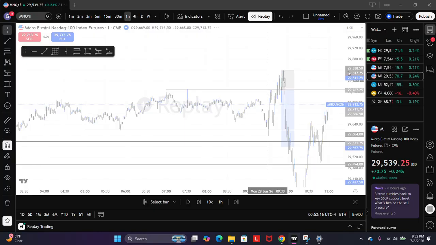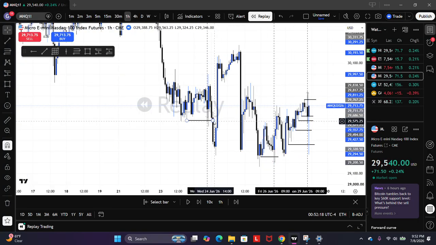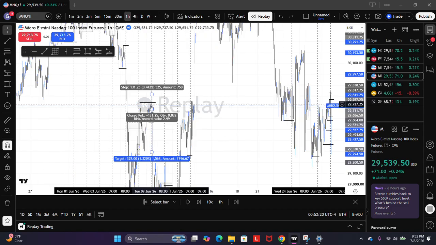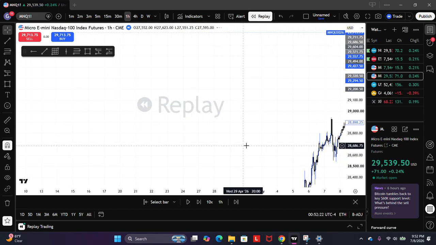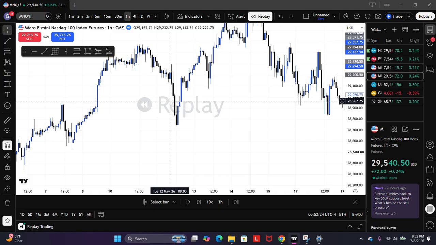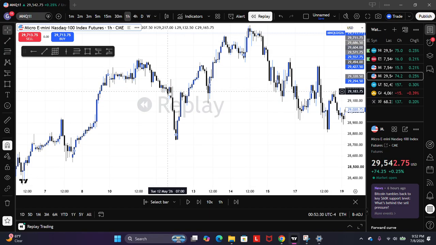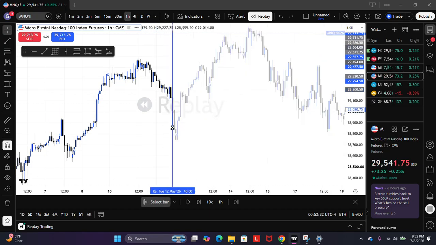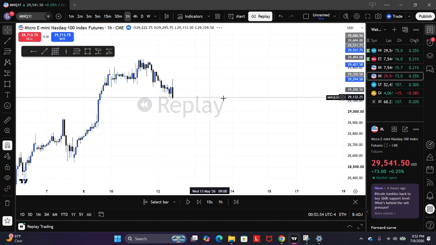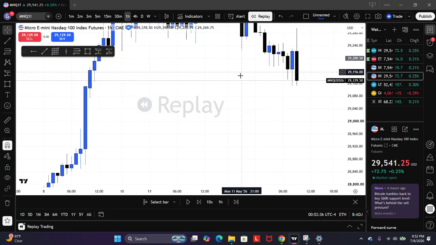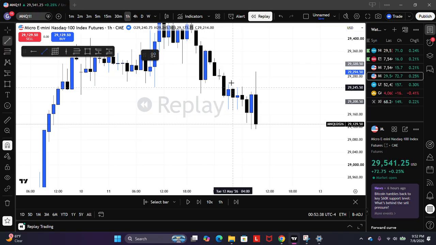I don't know if I have a 15-minute. Let me try to find a continuation on the hourly time frame. Well, actually, let's just go back to here because I just found another example. So boom, already found one.